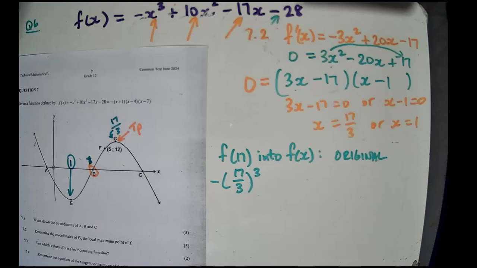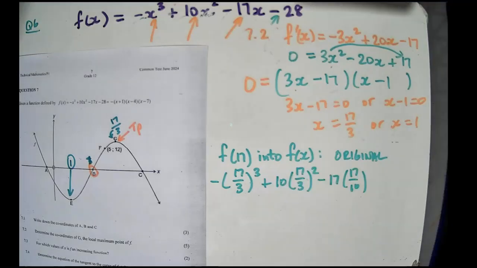We're calculating the turning point, and where we're going to substitute the 17 over 3 is into the original. Notice the power 3. I'm substituting x is equal to 17 over 3 into the original. Okay, substitute into the original equation and get an answer for y.